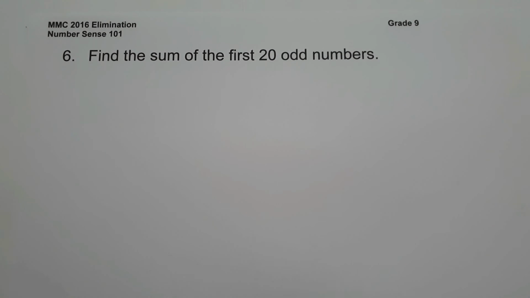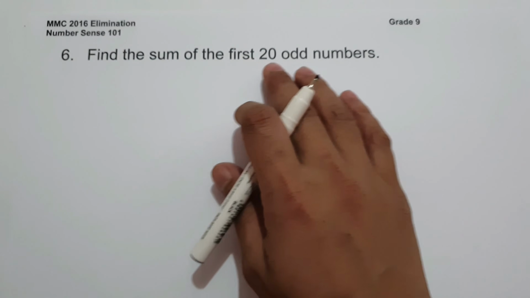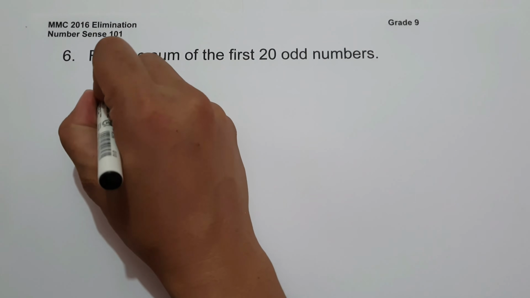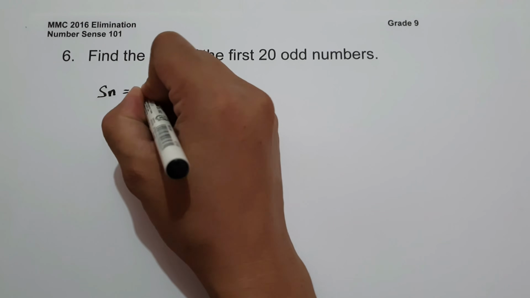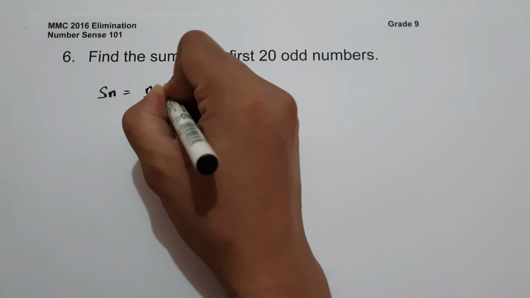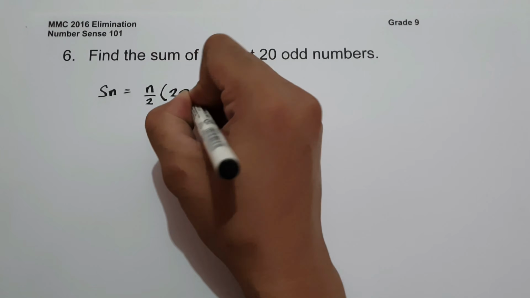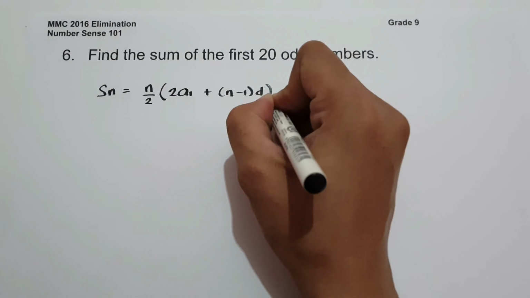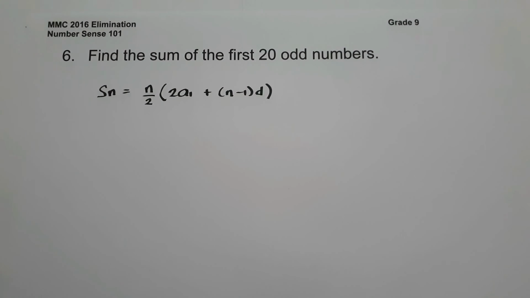On number 6, find the sum of the first 20 odd numbers. To find the sum of the first 20 odd numbers, we are going to use the formula S sub n equals n over 2 multiplied by 2a sub 1 plus n minus 1 times d. So let us first identify the given.